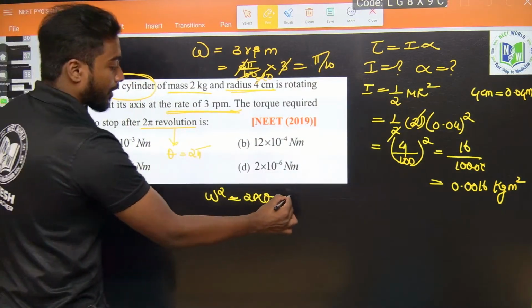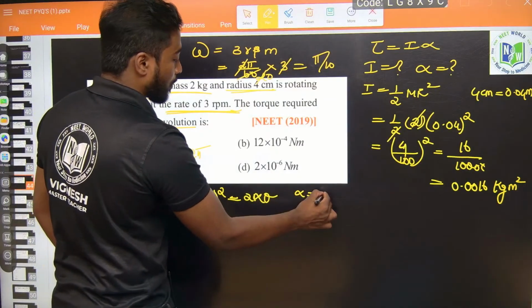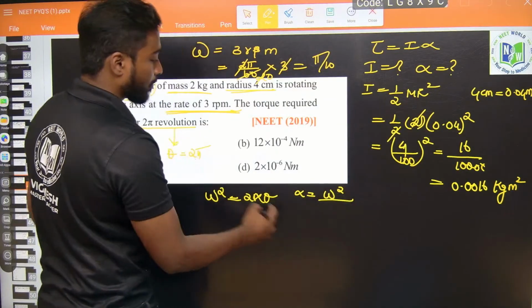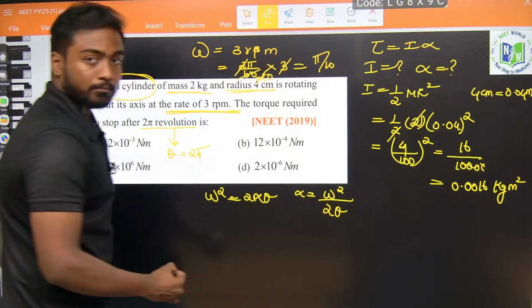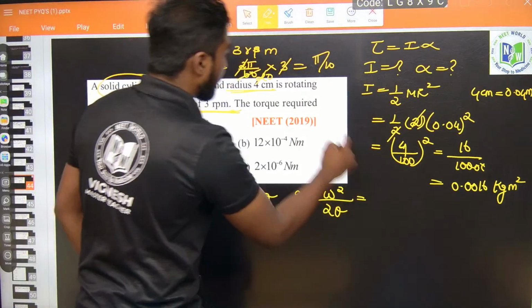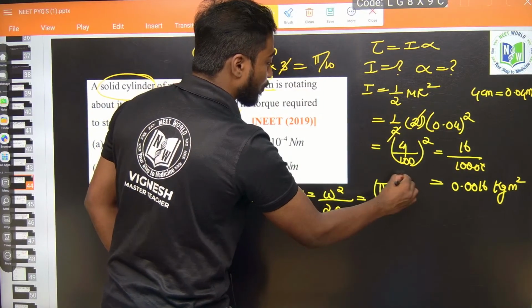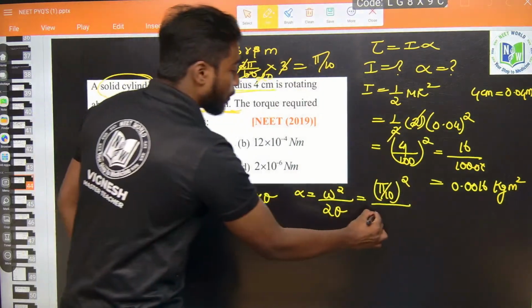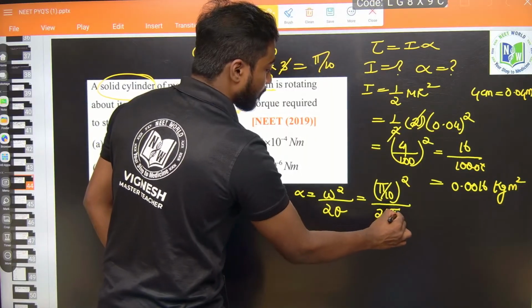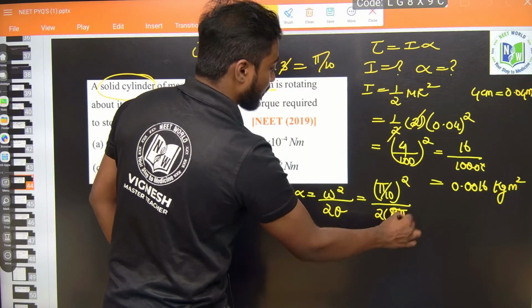So what is alpha here? Alpha equals omega square by 2 theta. Omega is pi by 10 the whole square, divided by 2 into 2 pi.